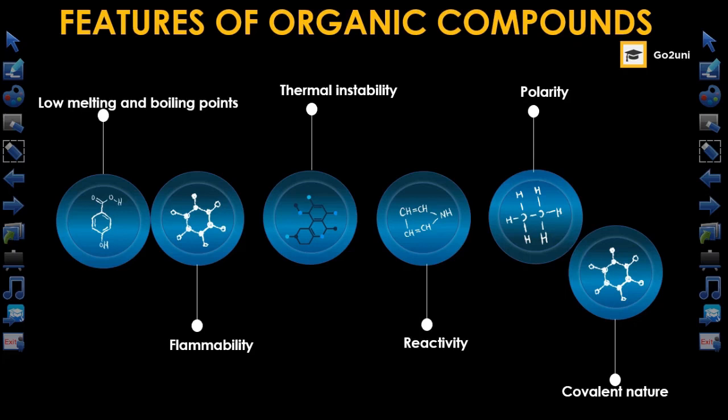So generally, these hydrocarbons or organic compounds form stable covalent bonding with each other. They do not form electrovalent bonding or metallic bonding, but they are characterized by the possession of strong covalent bonding. So these are the features, or characteristics, of organic compounds.